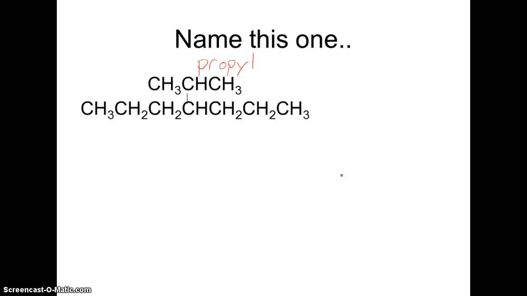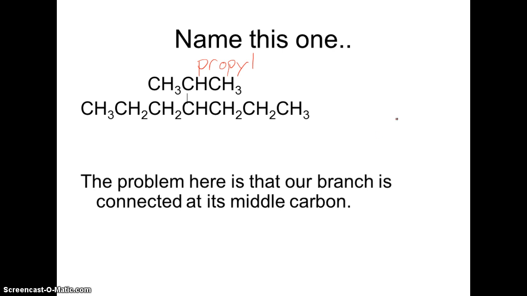But you'll notice something different about this. Our branch is connected from its middle carbon, not from the carbon on the end, the way we've been doing. We need to have some way of indicating where on the branch this carbon is attached. This situation, where the carbon is attached to a center of a branch, gets us a prefix to use.